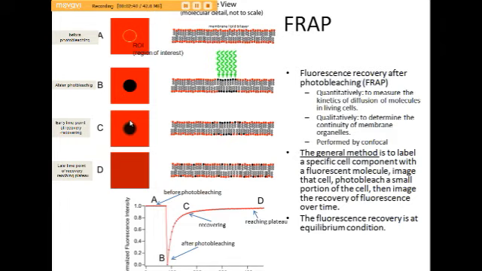But we know that lipid molecules can diffuse freely within their 2-dimensional surface. So immediately after photobleaching, the fluorescent molecules are diffusing in, while the dark molecules are diffusing out.